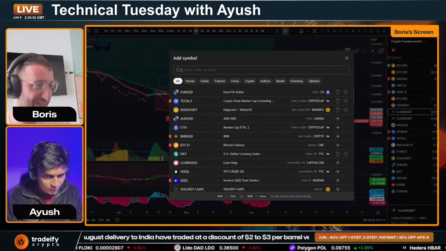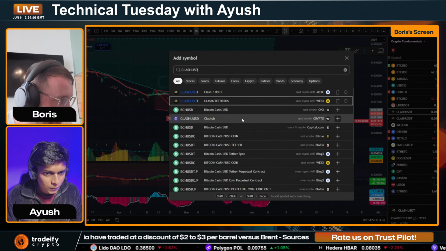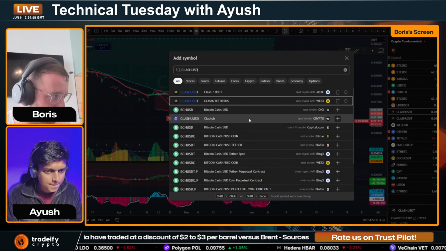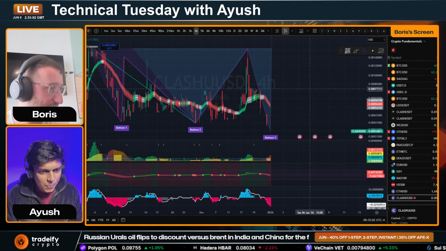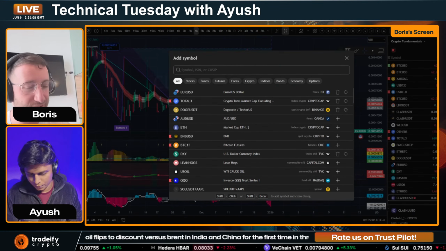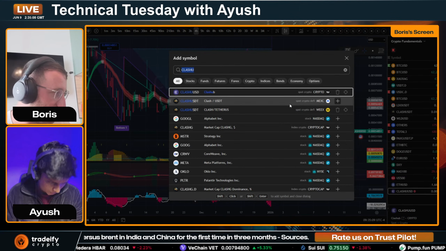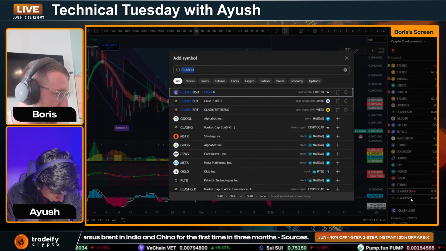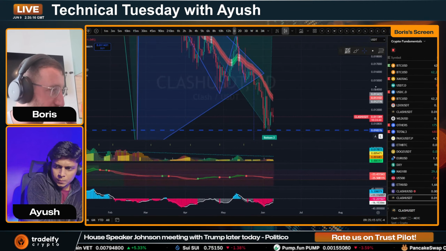Hold on, we need to get a better one. Let's use the default one. Oh my god, liquidity is so bad here; it doesn't even fill the full bar. Okay, this is good enough. Daily Clash.